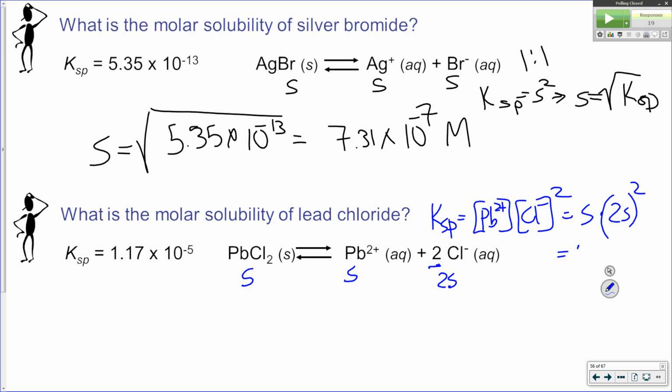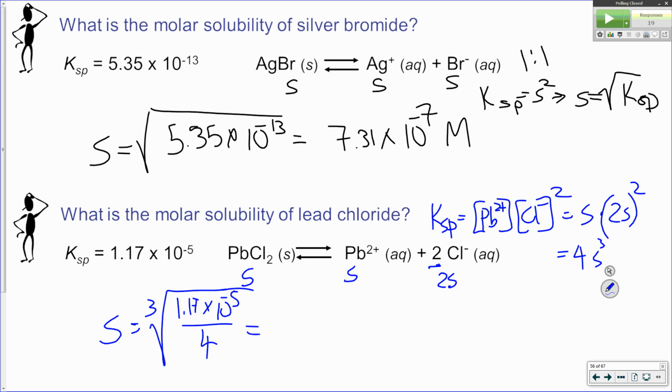So this is the one that is 4S cubed. So then if I want to solve that, solubility is equal to the cube root of KSP divided by 4. All right, so lead chloride is quite a bit more soluble than silver bromide.